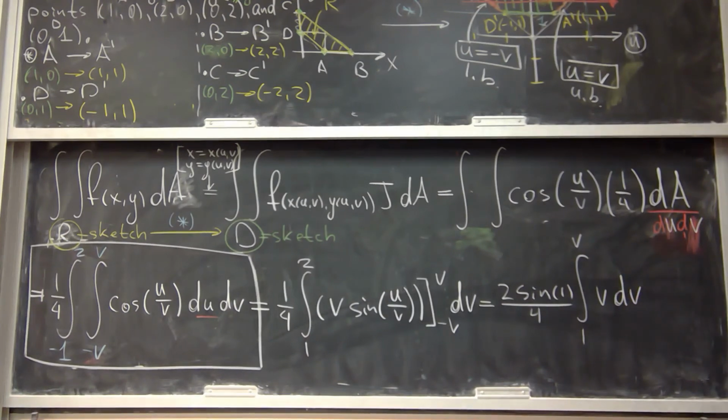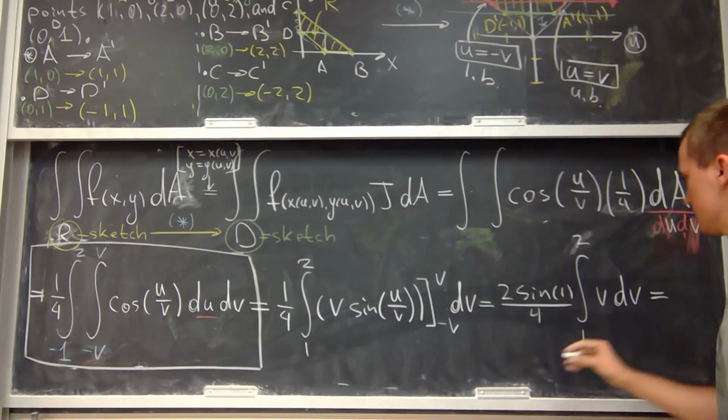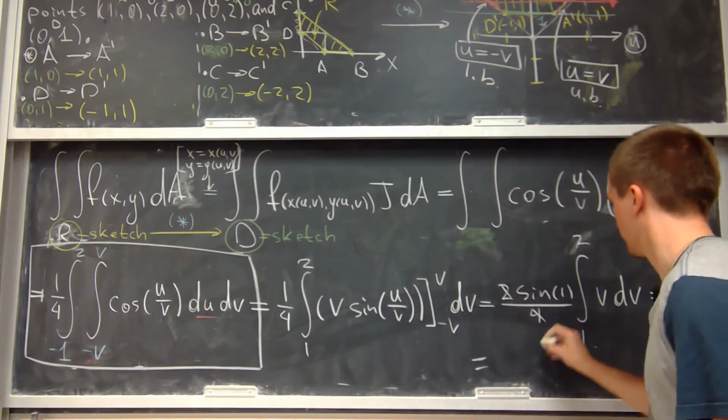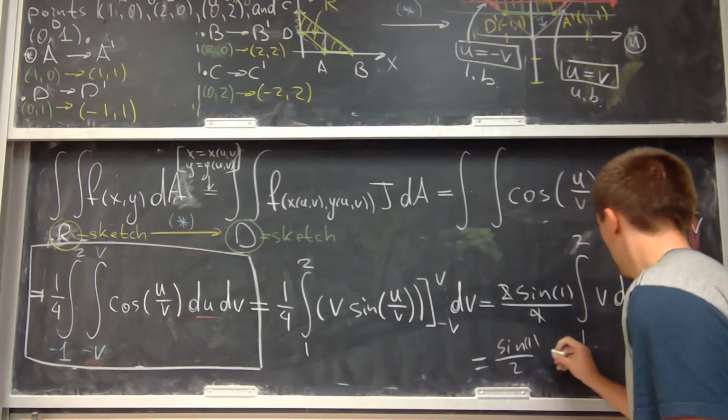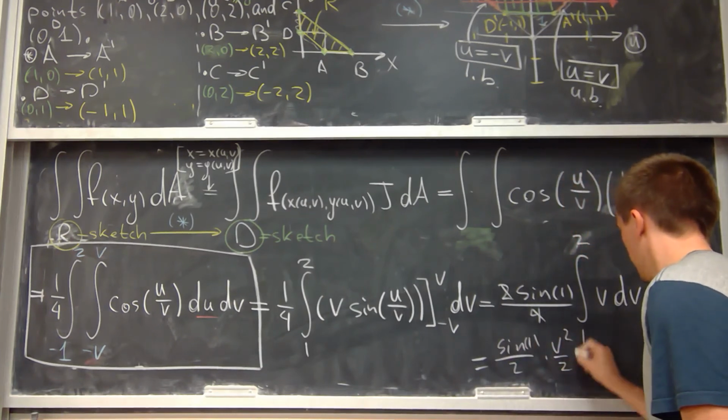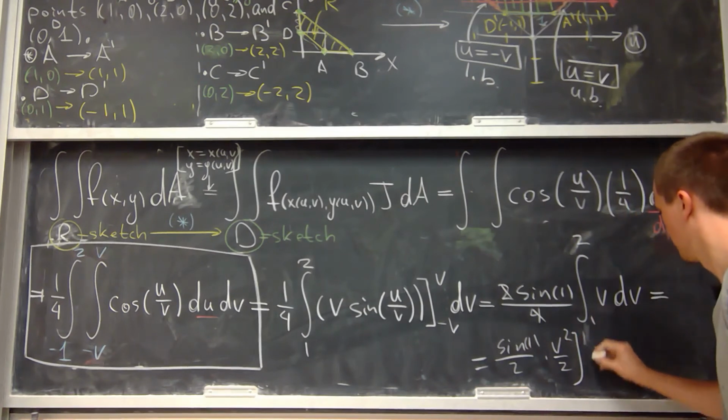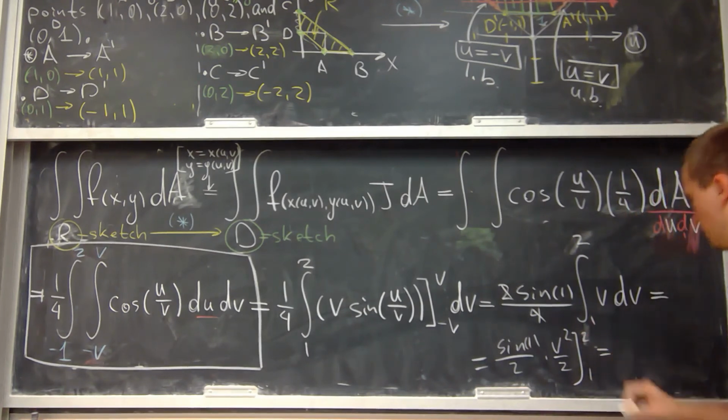And here what I'm going to get, it's not from 1 to 2. Then this is going to be equal to, 2 and 2 will get cancelled, sine of 1 over 2 times v squared divided by 2 from 1 to 2.